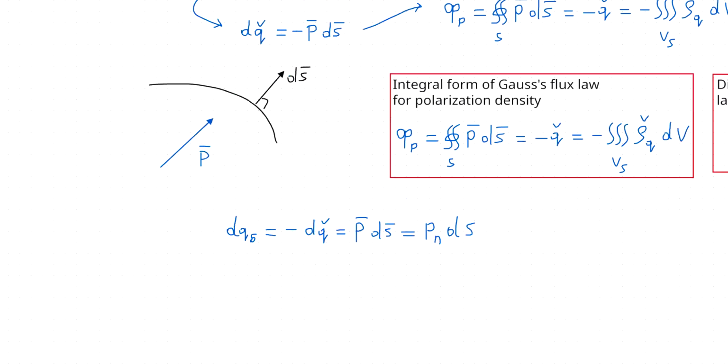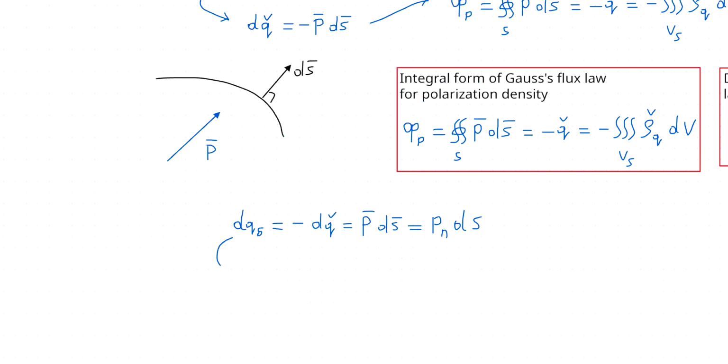And from this we will get that this projection Pn is equal to dQ sigma over dS.